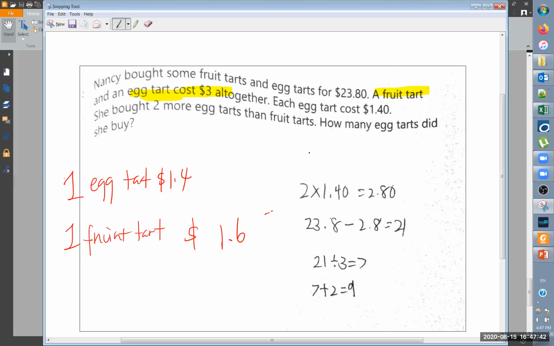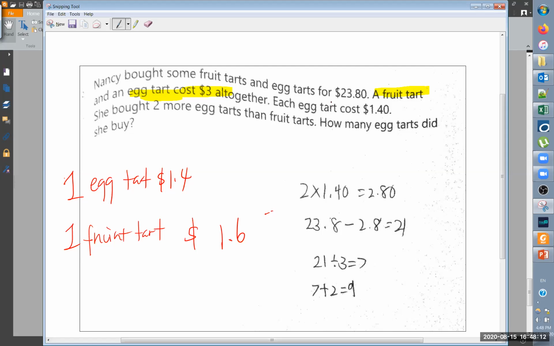This one is from my exercise assessment. Is it for fundamental or for normal math? It's Combination. It is a primary 4 topic. Oh, okay. Each egg tart costs $1.40, and one fruit tart is $1.60.